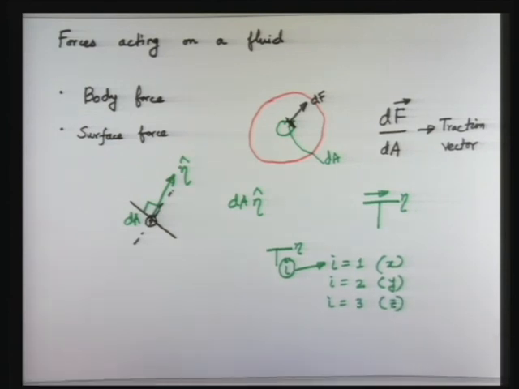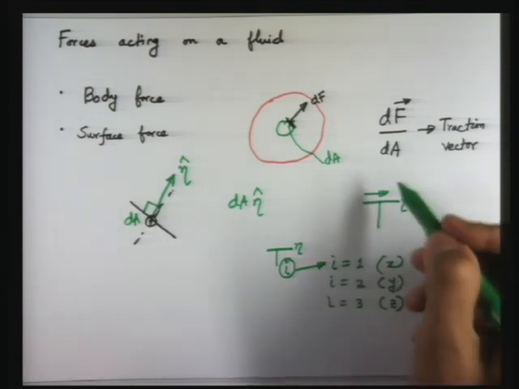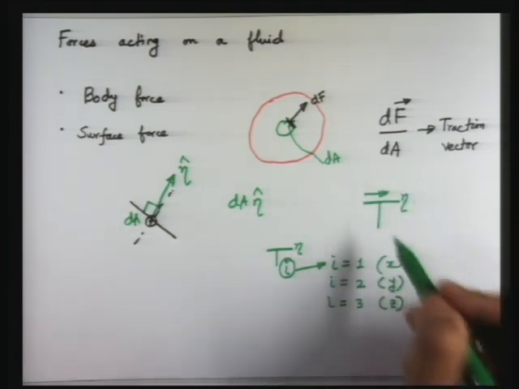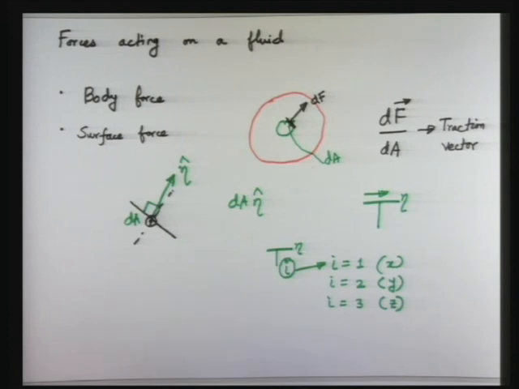So it is possible that by a single index we can describe the component of a vector. The index equal to 1 means x component, index equal to 2 means y component, and index equal to 3 means z component. Therefore, we can see that to represent the traction vector we may require two indices.